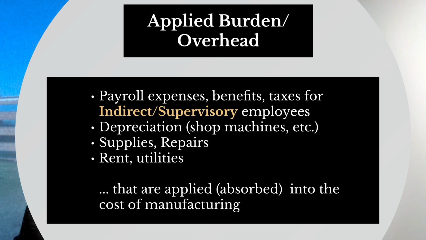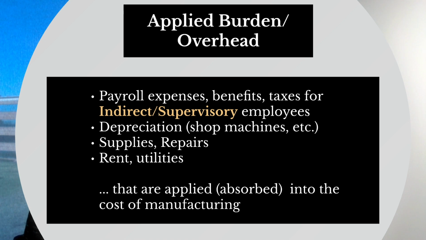We're going to specifically look at indirect. We're also going to capture the cost of depreciation for equipment, machines that are used directly in manufacturing, the cost of supplies, repairing of machines, and various other items that are indirectly applied to production are going to be clearly identified and captured, as well as rent, utilities, and so on related to production. Not the entire facility or building, but related to production.